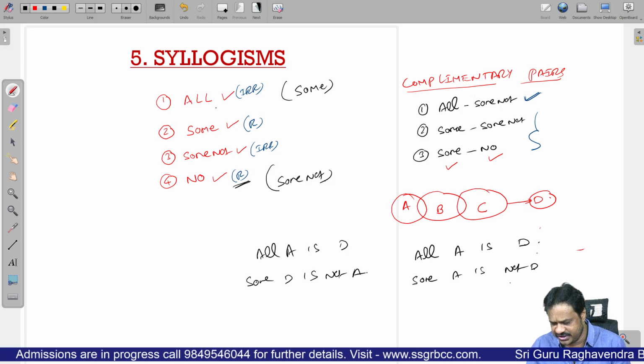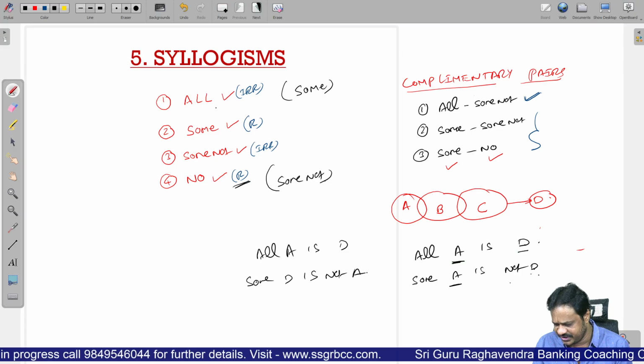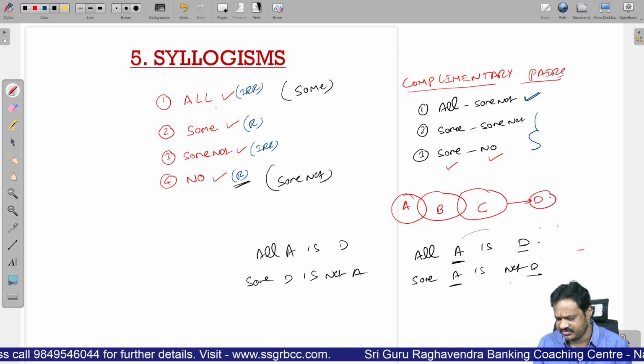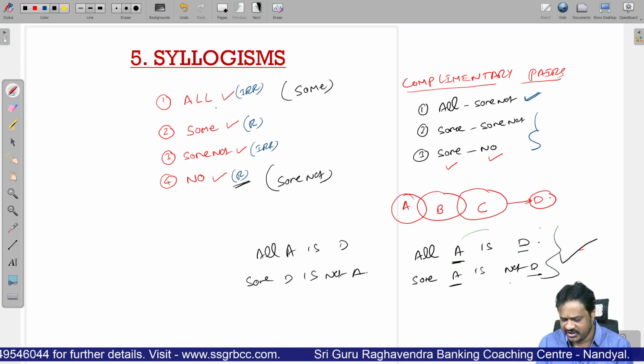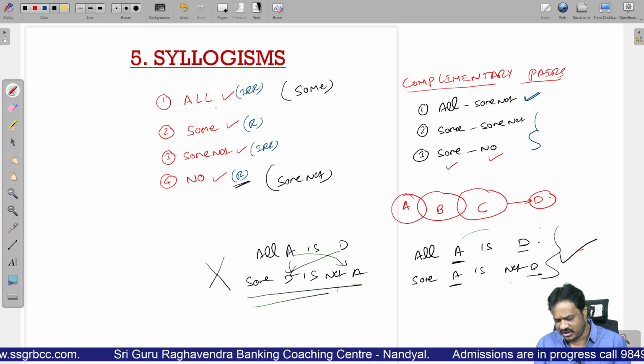See, all A is D, some A is not D. Here you have to observe one thing: A is A only, D is D. We cannot interchange subject and predicate. This is the complementary pair, whereas this one is not. Here, both have been interchanged. D has come here, A has come here. So this is not a complementary pair.